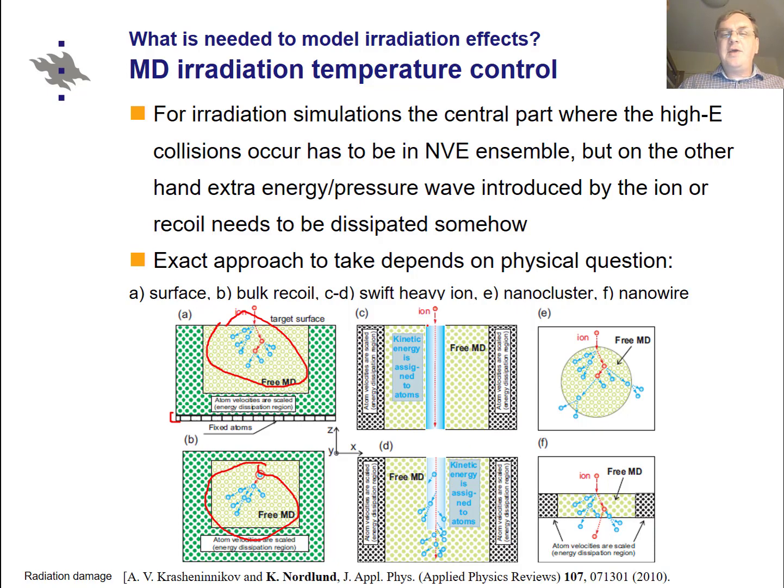Then for swift heavy ions, one probably wants to do something like this. So you have the swift heavy ion giving kinetic energy to the atoms, but then have free molecular dynamics here, and then have atom scaling at the edges.